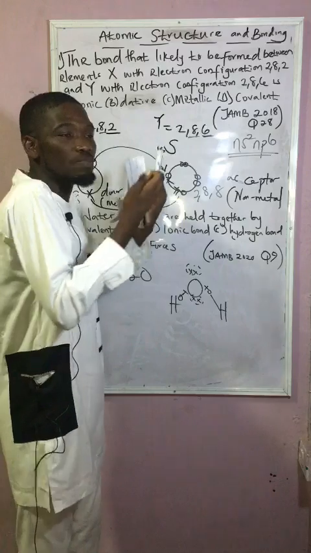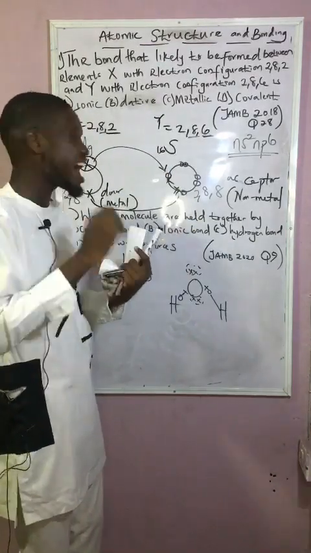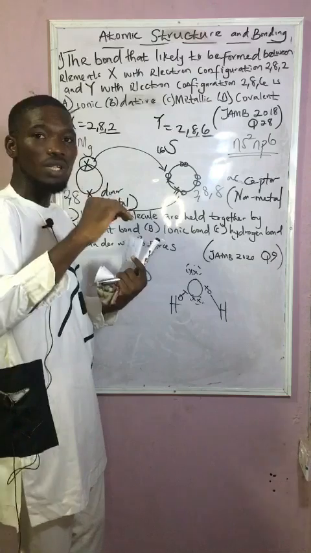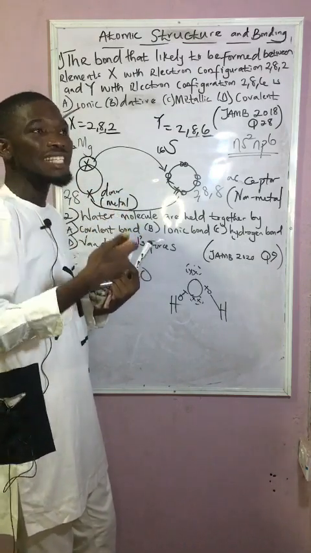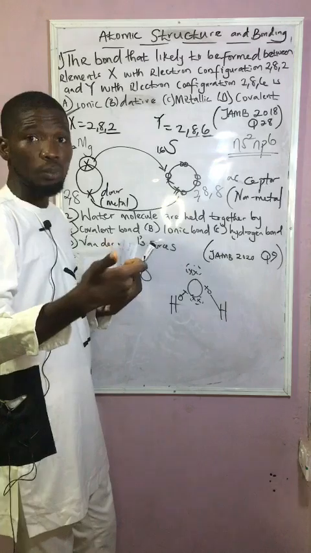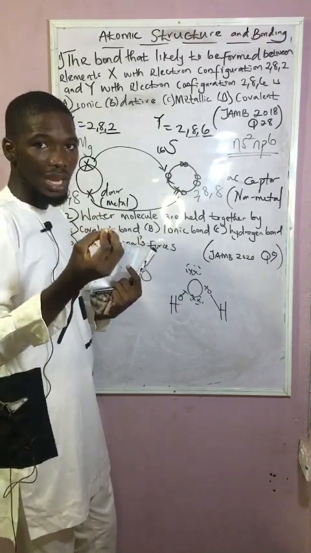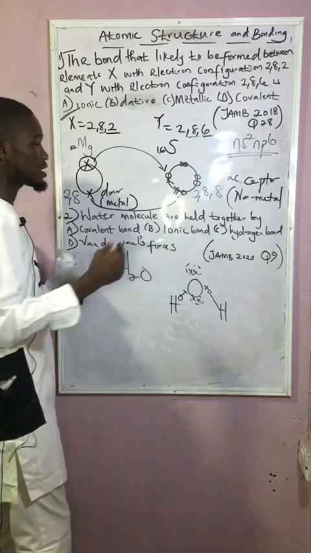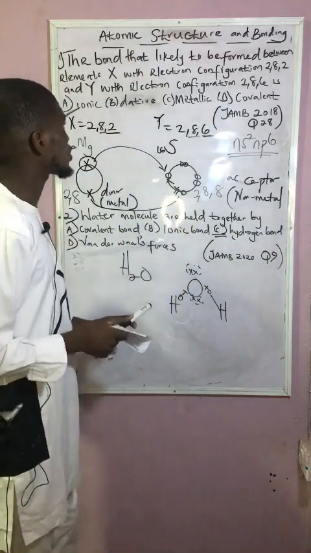Hydrogen has the highest priority to attract or to add water together, and with that it gives water the highest priority to have, we call it, high boiling point despite its low molecular mass. So the answer is what? Hydrogen bond.